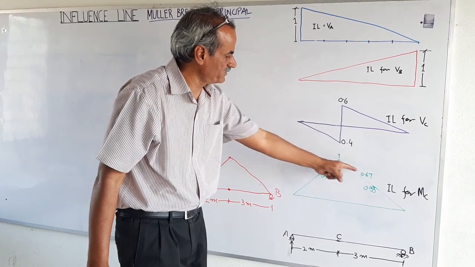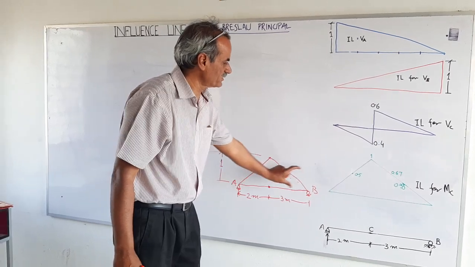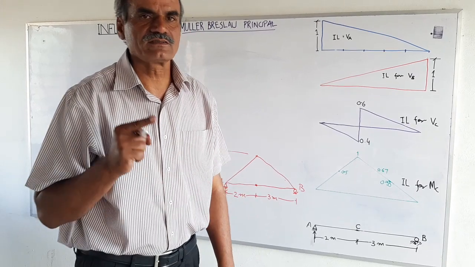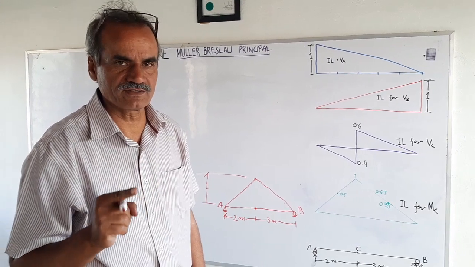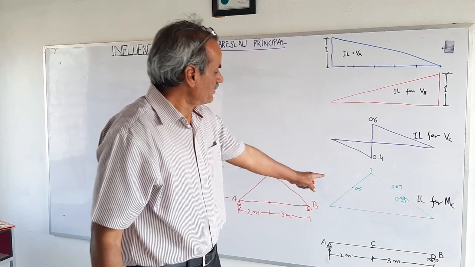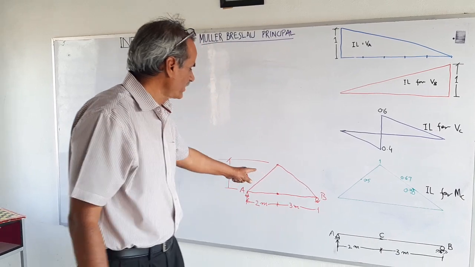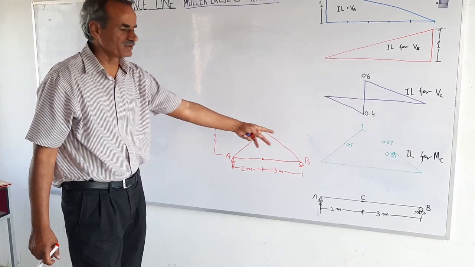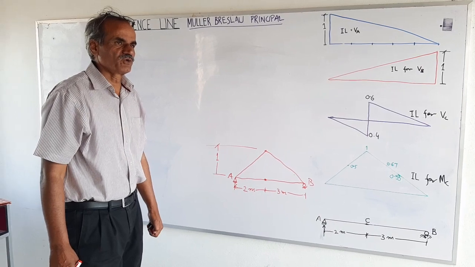All the rest of the values shall be in the same ratio, and we get the same thing which we got by calculating the value of bending moment for five intervals and four places, and then drawing this influence line for bending moment at C. Over here we have just applied the Muller-Breslau principle and gone straight for the same shape of the influence line diagram.